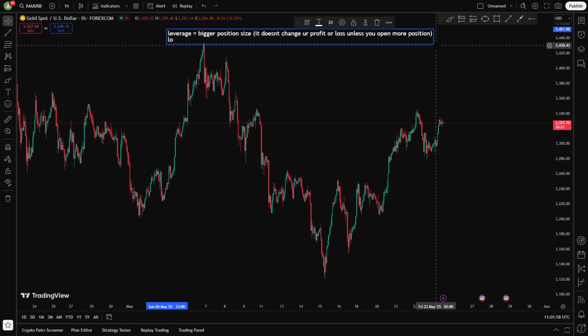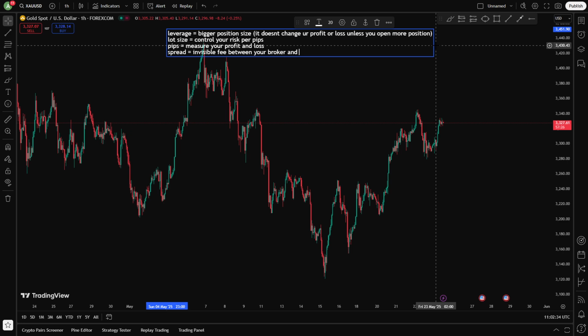And lot size controls your risk per pip, okay? And pips measure your profit and loss. And lastly, spread is an invisible fee between your broker and you.